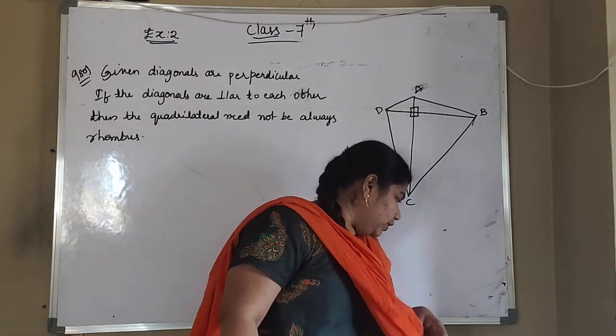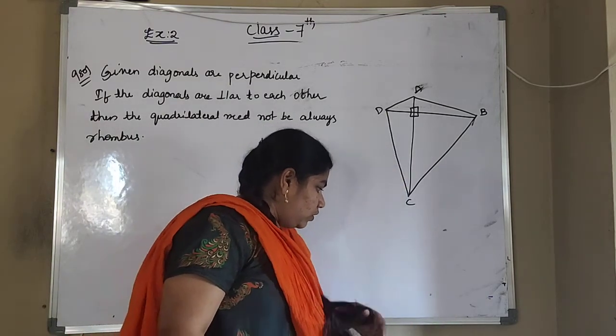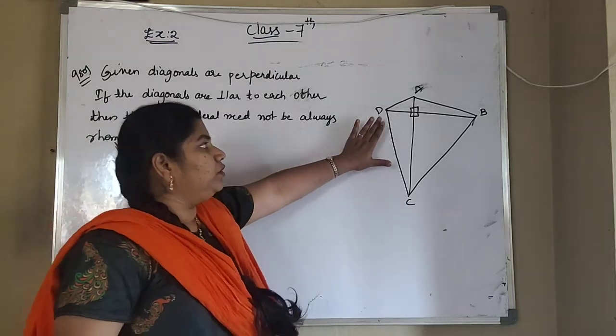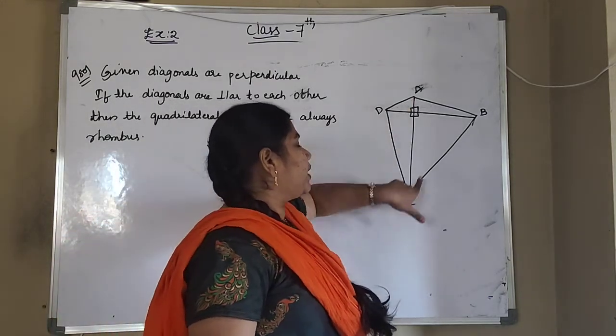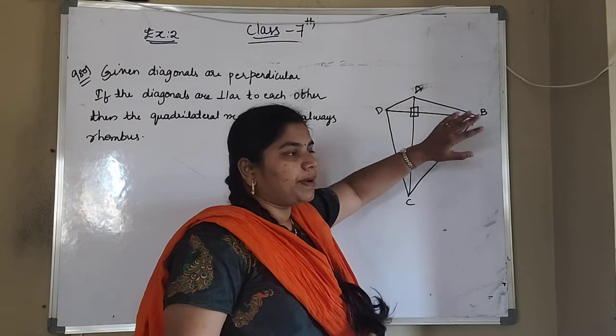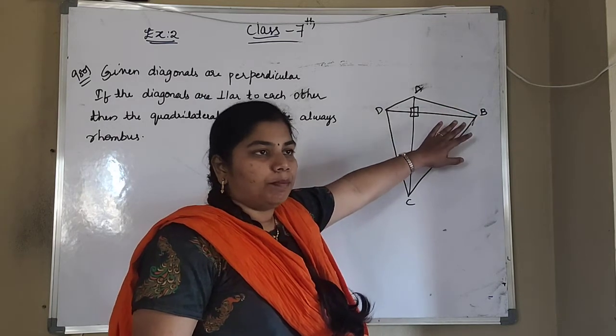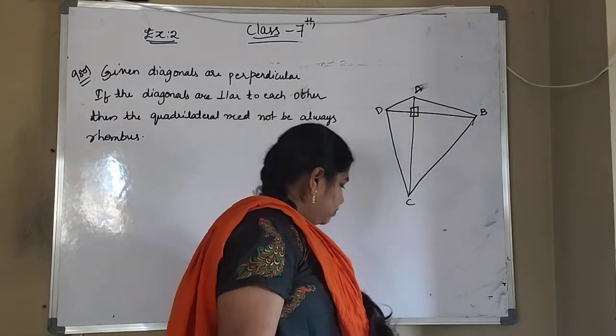So it can be any other figure also. So look at the figure. Here diagonals are perpendicular to each other, but this figure is not a rhombus. Okay, so this is our answer.